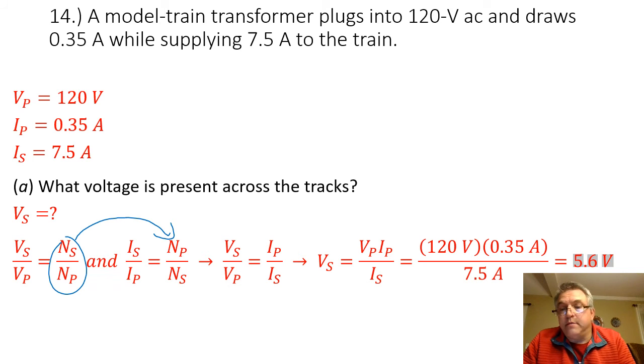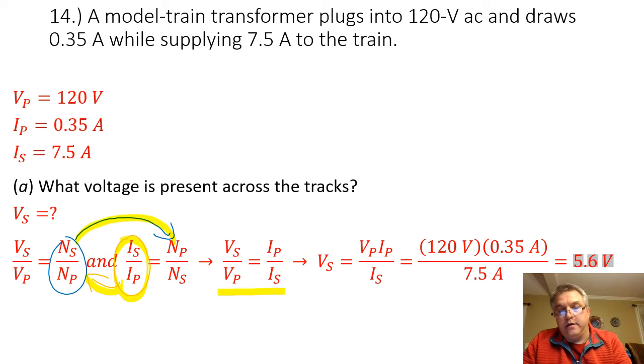Because these are just the inverse of each other, I can take Is over Ip and substitute it in for the Ns over Np in my first equation with the voltage. Because I am taking the inverse when I substitute it, I have to take the inverse of this, and I end up with Vs over Vp equals Ip over Is.